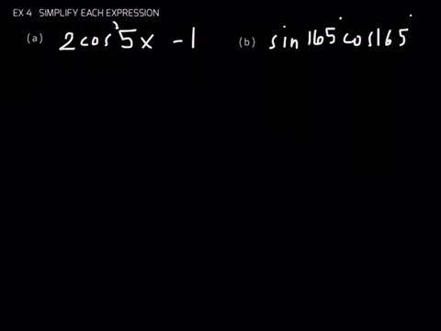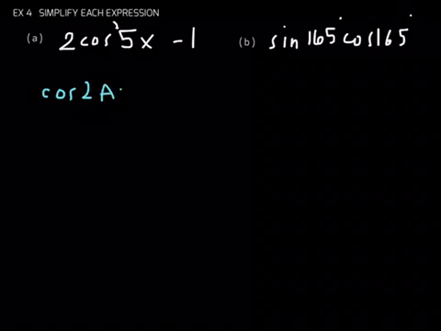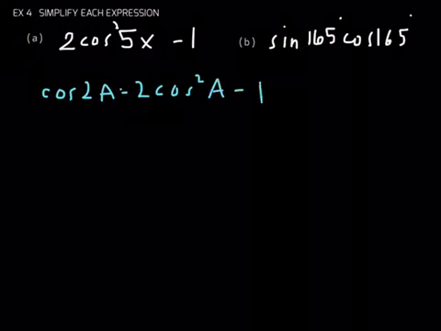Now, you have this identity that says cosine of 2a is equal to 2 times cosine squared of a minus 1, right? This is one of your double angle identities for cosine.